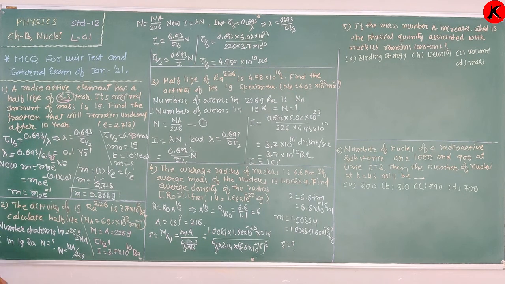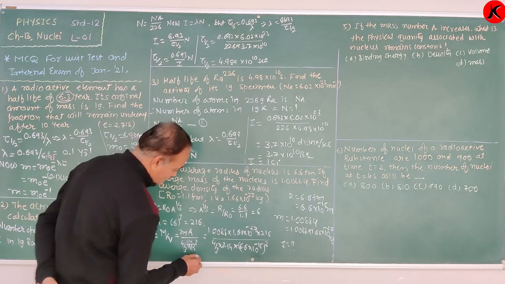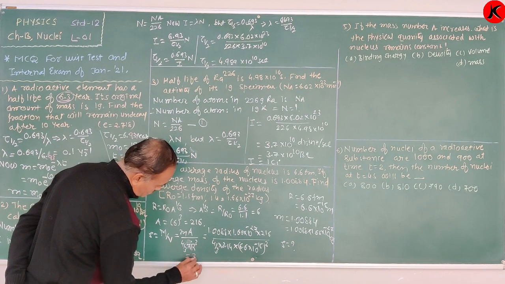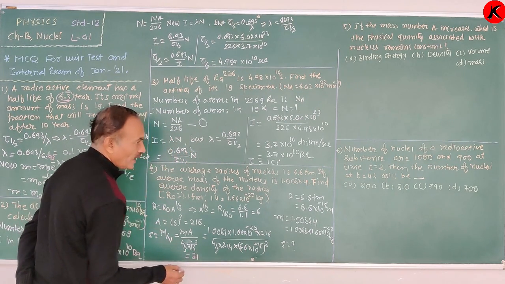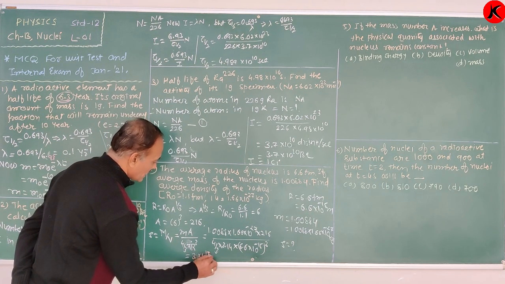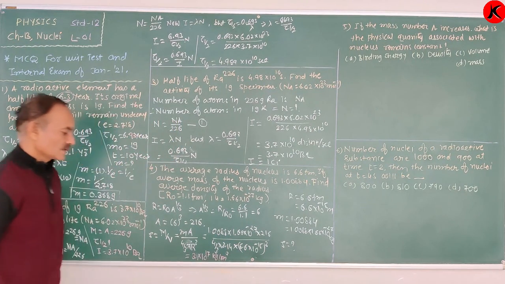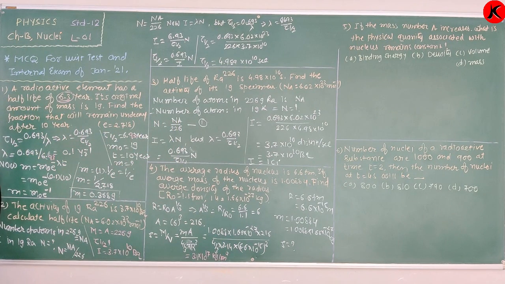So density is 3.17 into 10 to the power 17 kg per meter cube. That is the density of the nucleus.